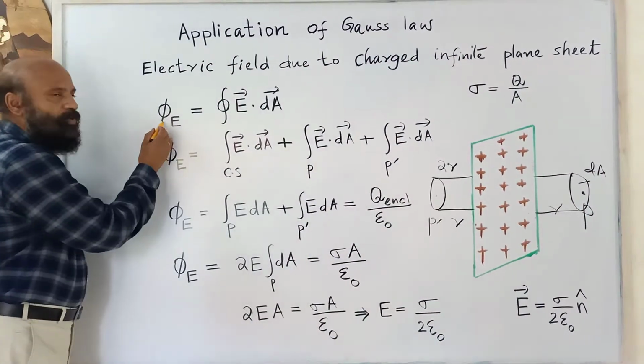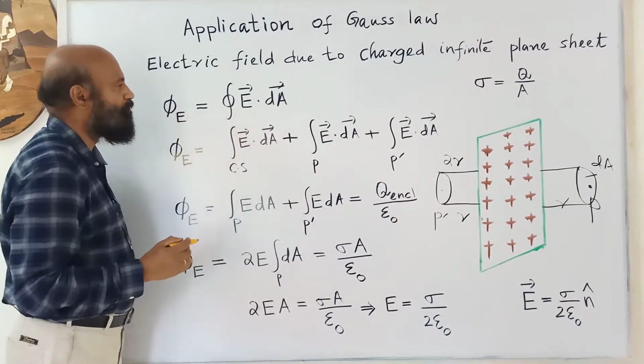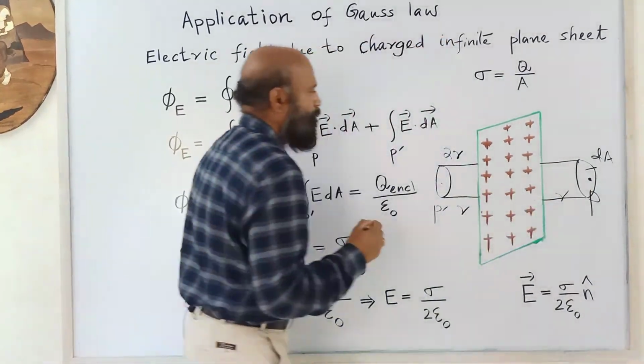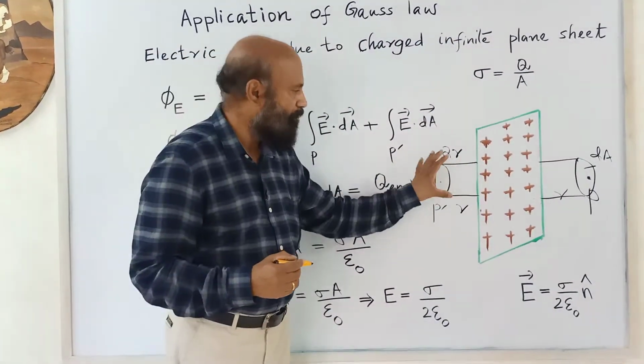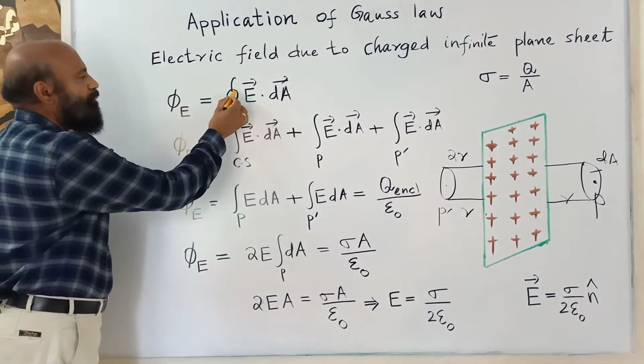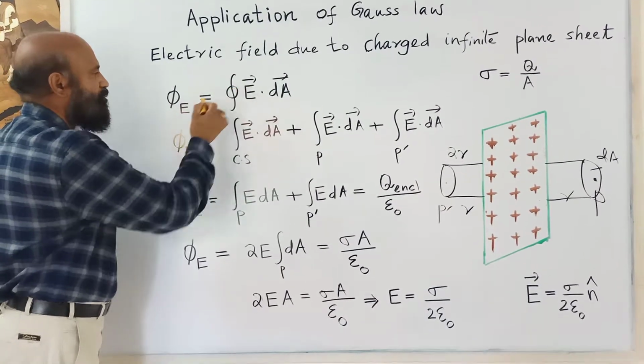Now flux is equal to the integral of E vector dot dA vector, the flux passing over this cylindrical surface. This integration is to be done over the closed surface, that's why this circle.